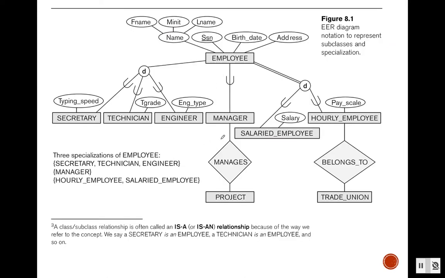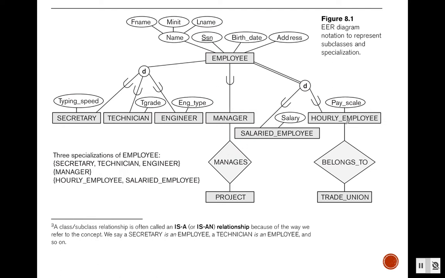So in this example, we can see that each subclass may have some specific attributes. These are the local attributes of the subclass, but the attributes that belong to the superclass also belong to each of the subclasses, meaning each subclass inherits all the attributes and the relationships from the superclass.